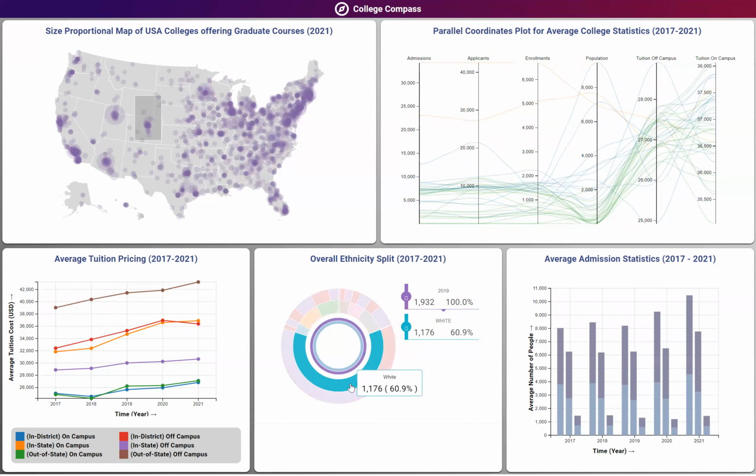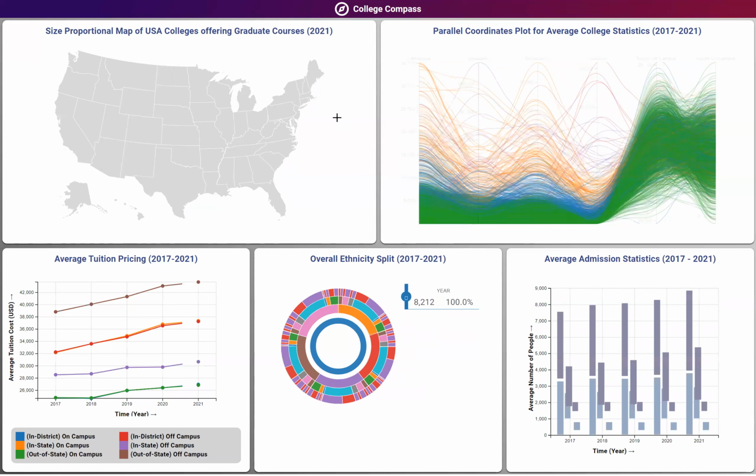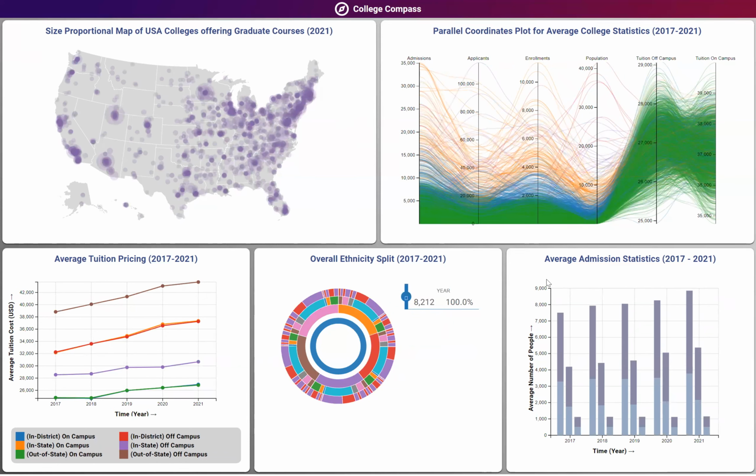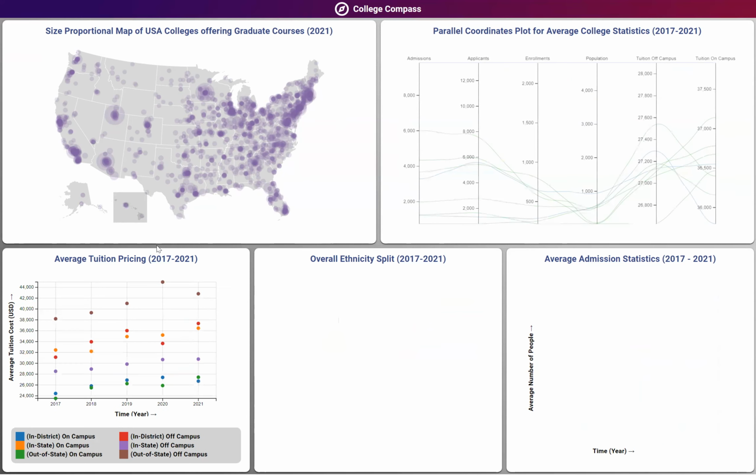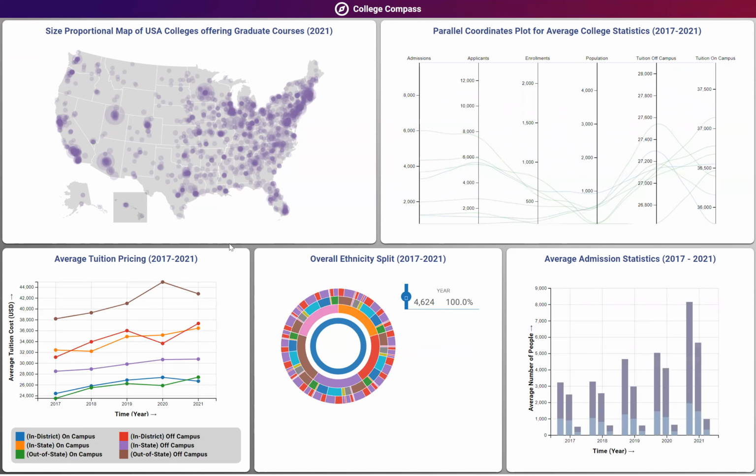Another insight that we can gather is by seeing the average admission statistics for regions like Hawaii. Due to the socioeconomic factors and the high cost of living in rest of the United States, it could be one of the reasons to show the sudden increase or spike in the number of average admission and applications over the last 5 years.